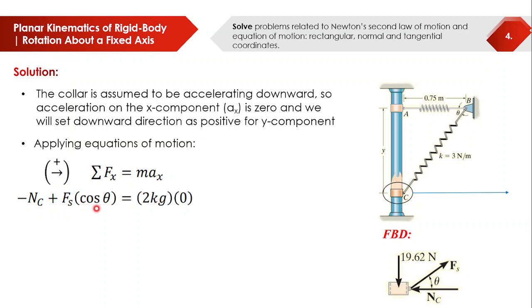Why cosine theta? Cosine theta is the adjacent component, so that will be the x component of the spring force. Okay, this is equal to the mass times the acceleration along x, which will be zero since we said there is no x component of the acceleration, since the collar will only be moving upward or downward.